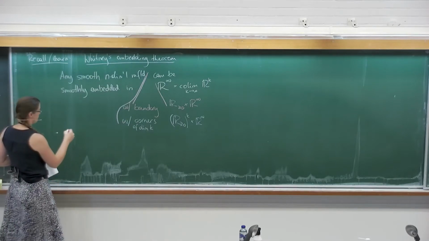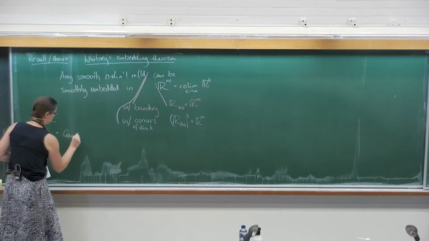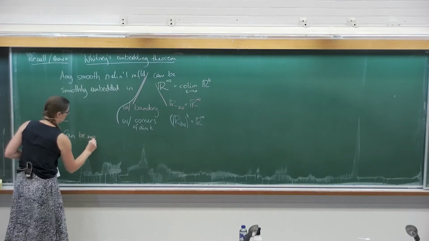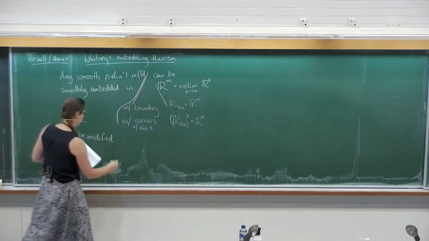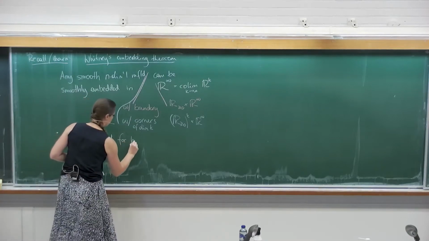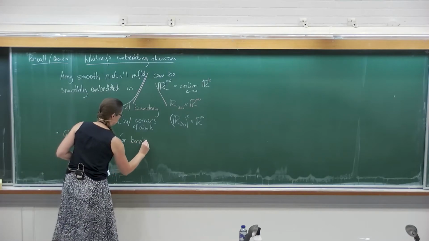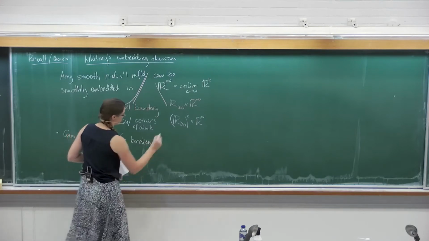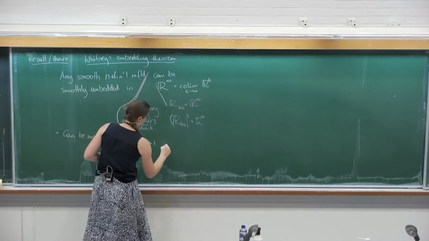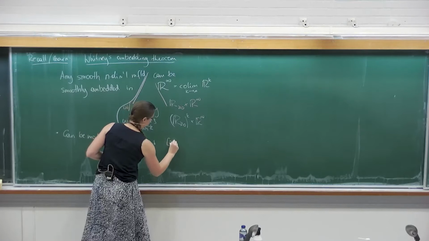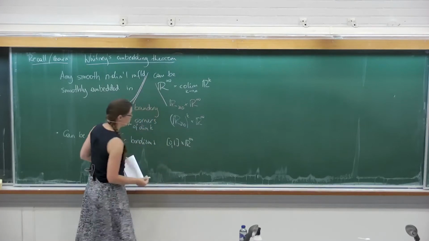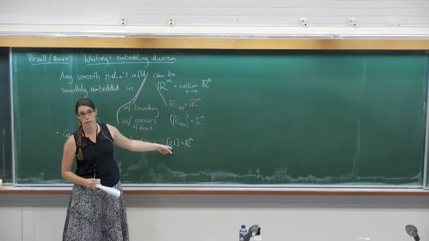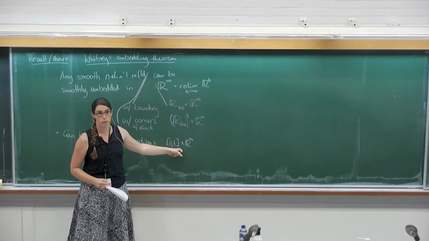So this can actually be modified for bordisms. Then what we get is that they're embedded into [0,1] cross R^∞, such that over 0 we have the incoming and over 1 we have the outgoing.